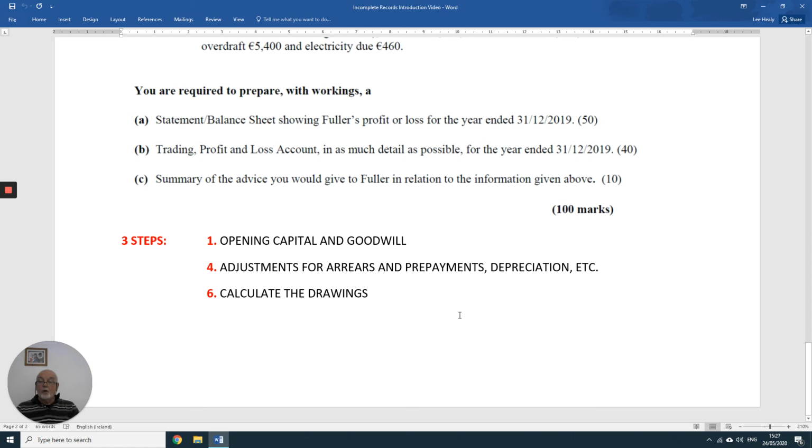I've left them at 1, 4 and 6 there just to make the point that if you can do the incomplete records using the control account method, there's really no reason why you can't use the same steps, more or less in this case, and the same understanding to do your incomplete records using the net worth method. There'll be 3 steps for the net worth method.